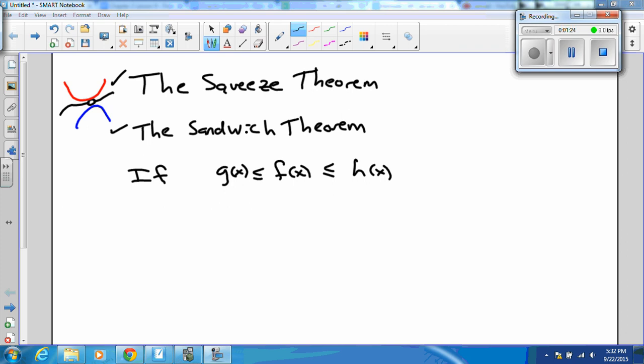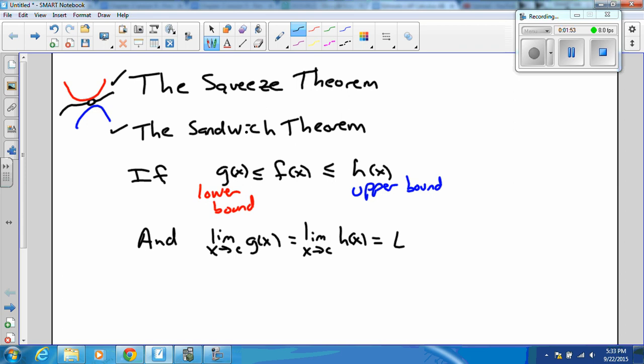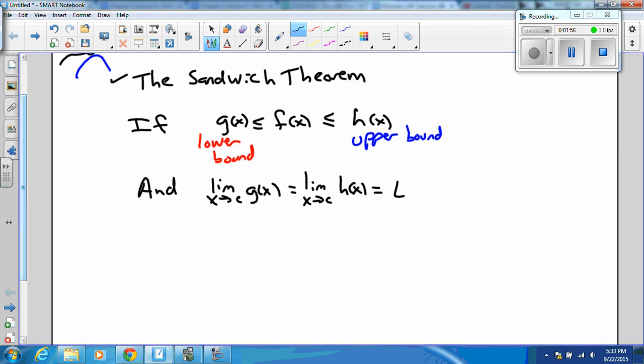So if f is bounded above by h, and it is bounded below by g, and if we are so fortunate that the limit as x goes to c of g and the limit as x goes to c of h happen to be the same value, then it must be the case that the middle function is squeezed to the same limit.